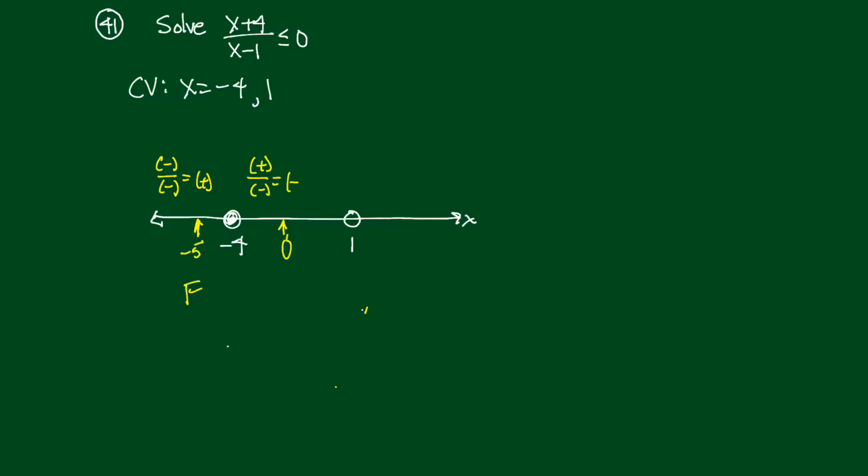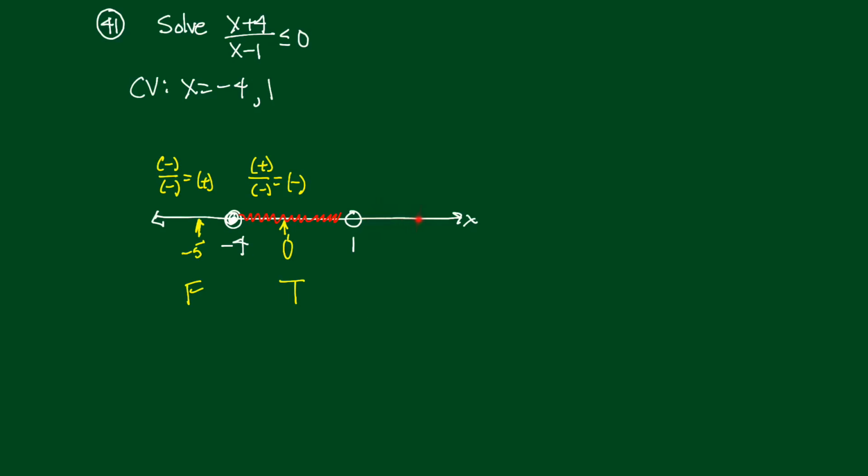Different signs, so I'll get a negative. So if you pick any number here, you get a positive over a negative, which is negative, and the statement is negative less than 0. Well, that's true. So there's our solution. So we got solutions in here. I'm going to mark that so I can see it easily.